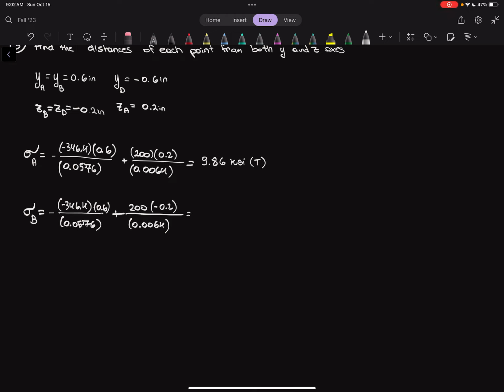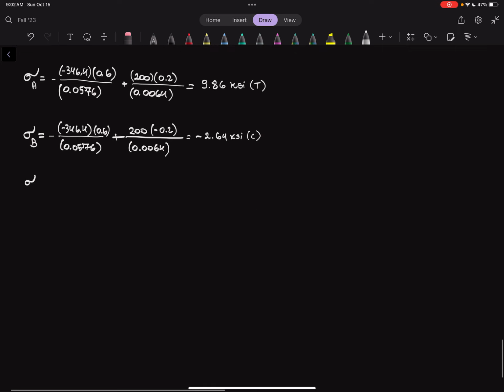So I can copy what I had before and just insert a minus. And we're going to get minus 2.64 KSI. So that's compression.